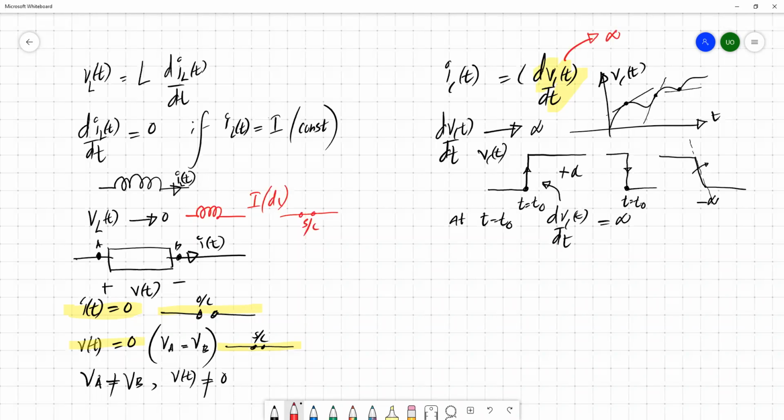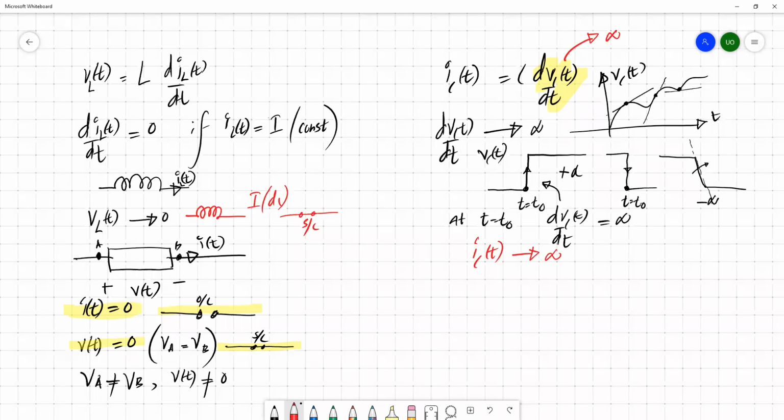Then for the capacitor, this current also goes to infinity. So if this derivative goes to infinity, current also goes to infinity. I'm not bringing any alien type of concepts.